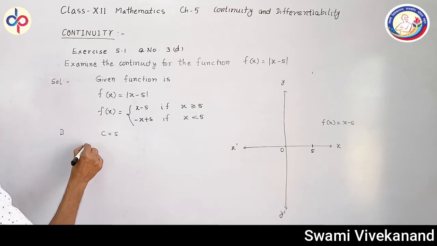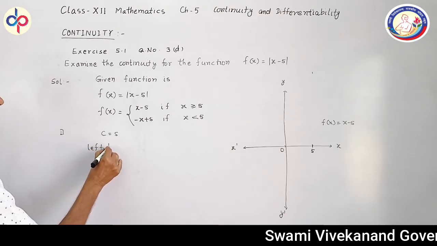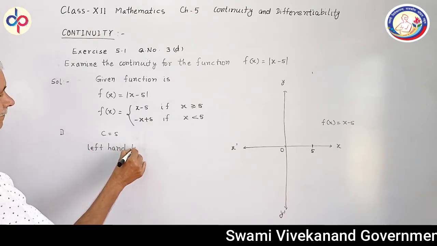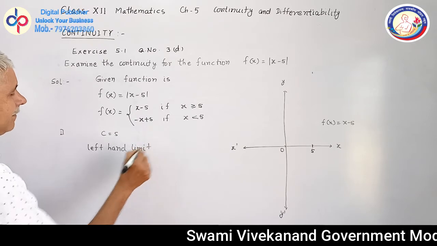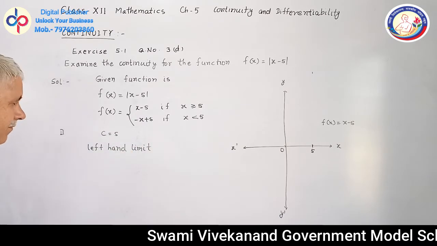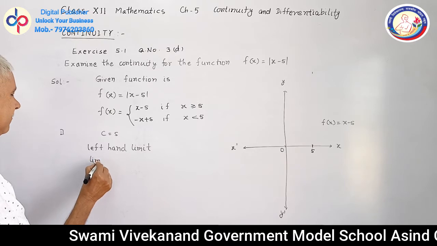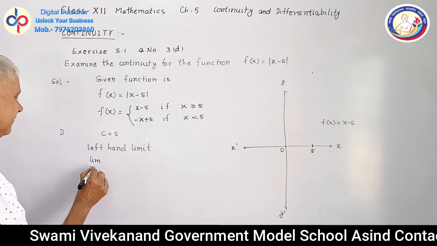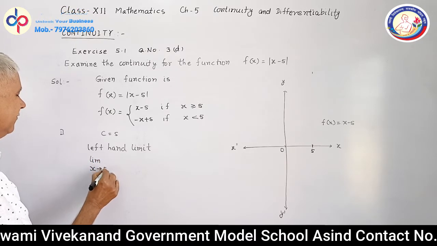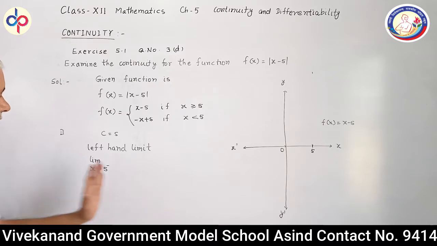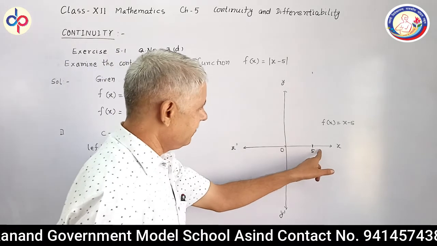Left hand limit. We write limit x tending to 5 minus, at x equal to 5.